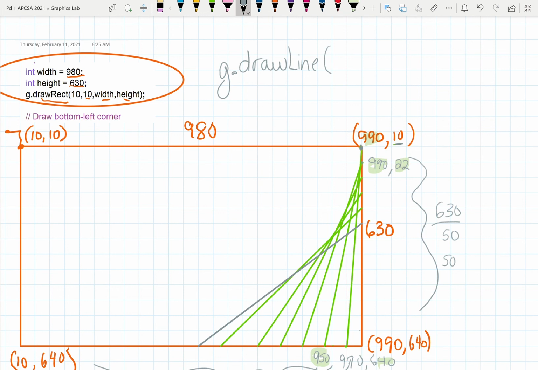I'm just going to use hard-coded values here for just a second, and then I'm going to move into JGrasp and show you how I would do it in JGrasp. So if I said 990, 10, that's my first xy pair, that's x1, y1, and then my second xy pair, 970, 640. And that's my second xy pair. So it would produce this first line that we just created right here. It would produce that line right there.